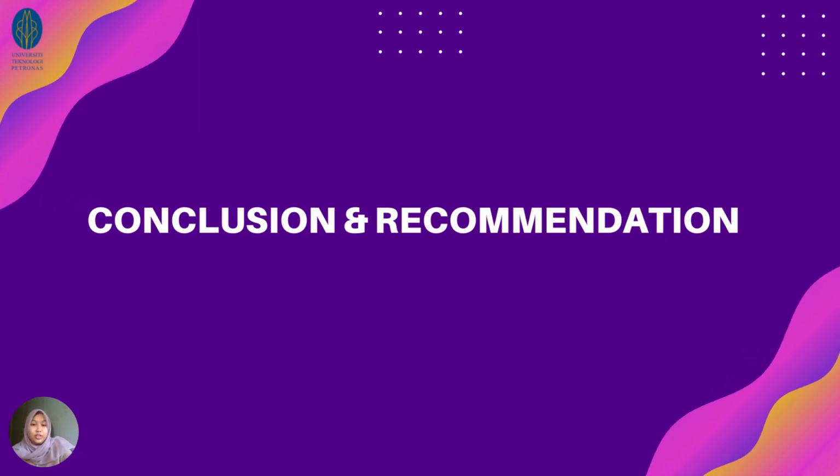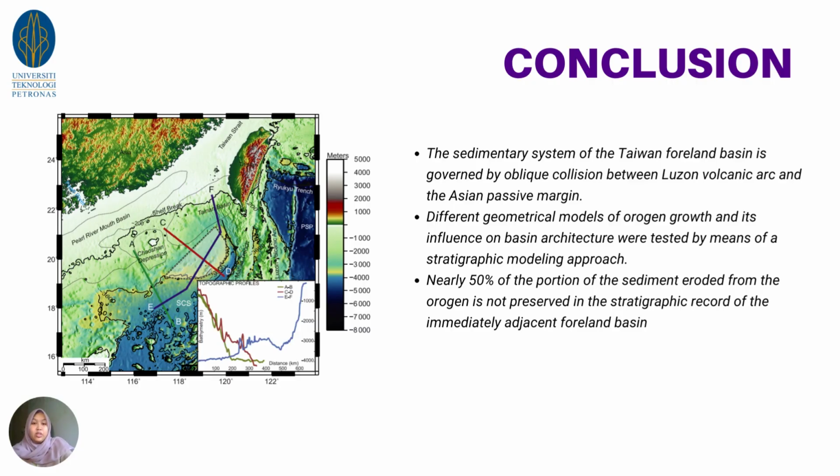Now for conclusion and recommendation. For the conclusion, the sedimentary system of the Taiwan foreland basin is governed by an oblique collision between the Luzon volcanic arc and the Asian Pacific margin.